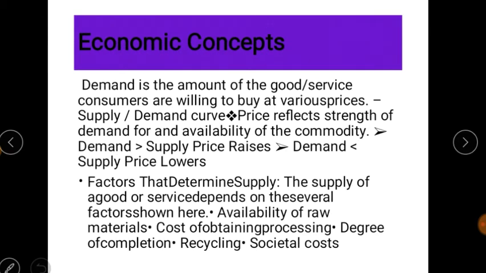Economic concepts. Demand is the amount of a good or service consumers are willing to buy at various prices. Supply and demand curve: prices reflect the strength of demand and availability of the commodity. If demand of the product is more, then automatically the price of that product will be more.